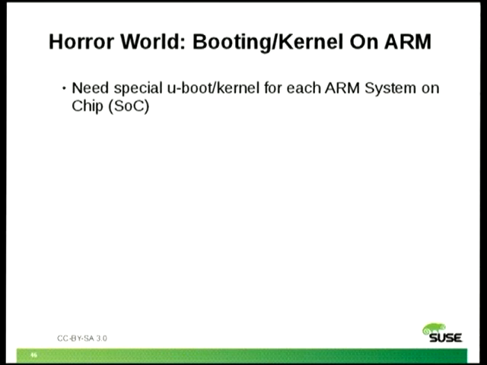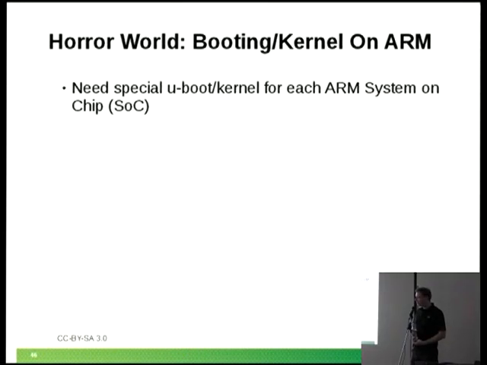In addition to that, ARM usually doesn't have anything like a BIOS which does the early hardware initialization. So what we need to do is to boot with a special bootloader, for example U-Boot, that initializes the hardware good enough so that we can actually load and run the kernel. And then also the kernel needs to do the proper hardware initialization in order to be able to boot up the system completely.